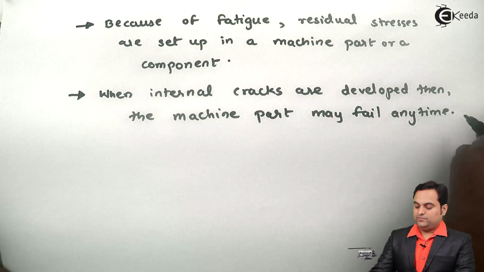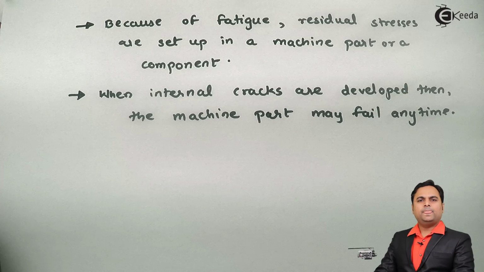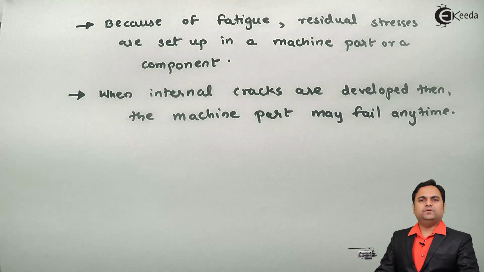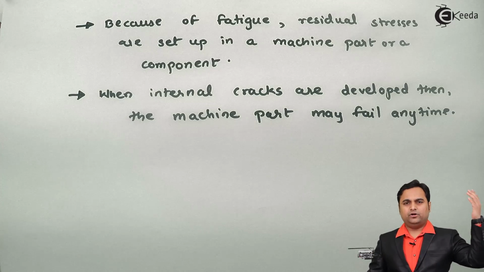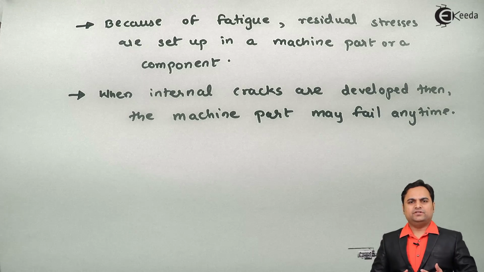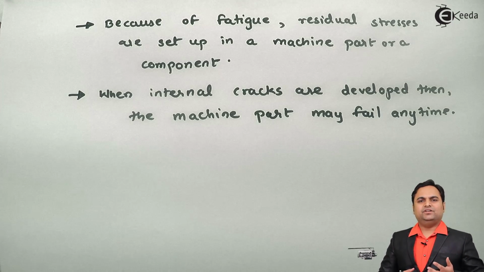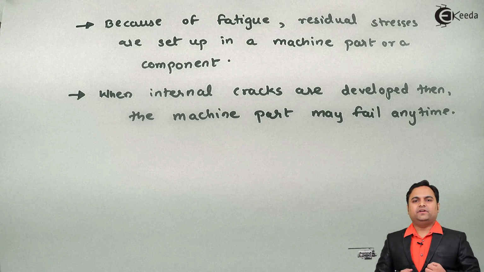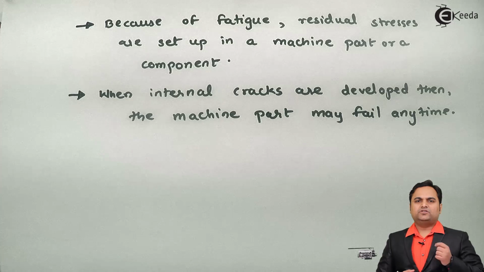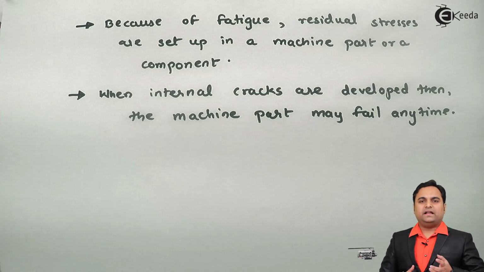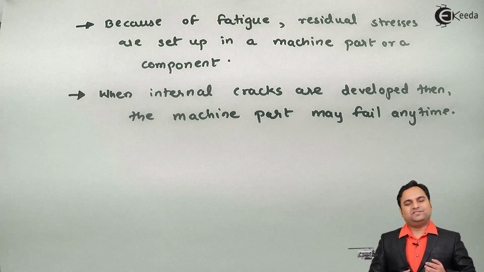That is, even a very small value of load can break that machine part, because through the number of years, for a long period, it was subjected to a number of stresses which were changing their direction as well as their value. Because of that, fatigue is developed inside the material, and when a small load reaches that object, it results in internal cracks, and then the failure of the material starts.